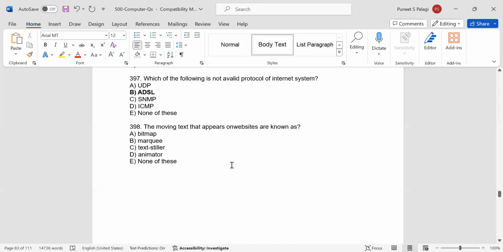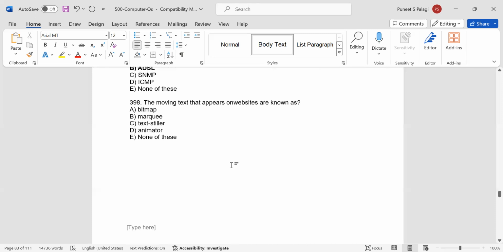The moving text that appears on websites is known as bitmap, marquee, text stiller, animator. It is marquee.